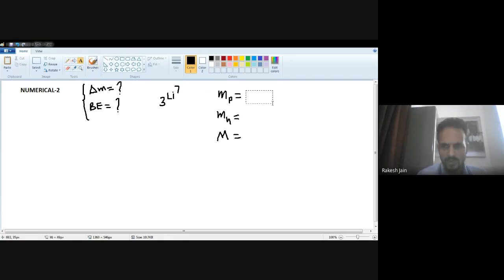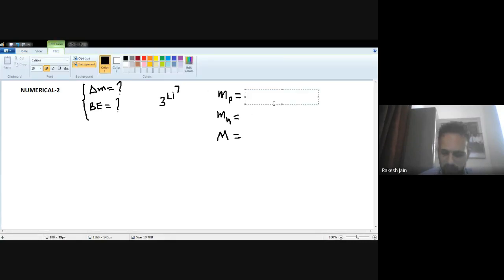The mass of the proton is given as 1.007825. The mass of the neutron is given as 1.008665. The atomic mass of the nucleus is given as 7.0000. So these three terms are given.